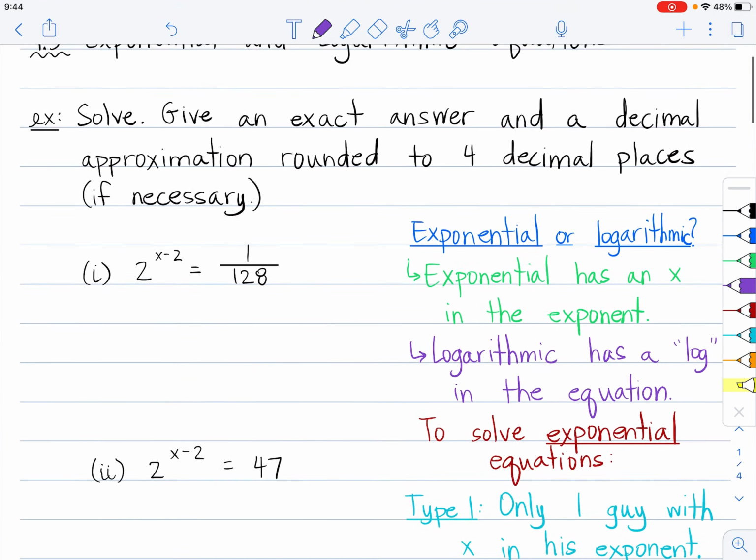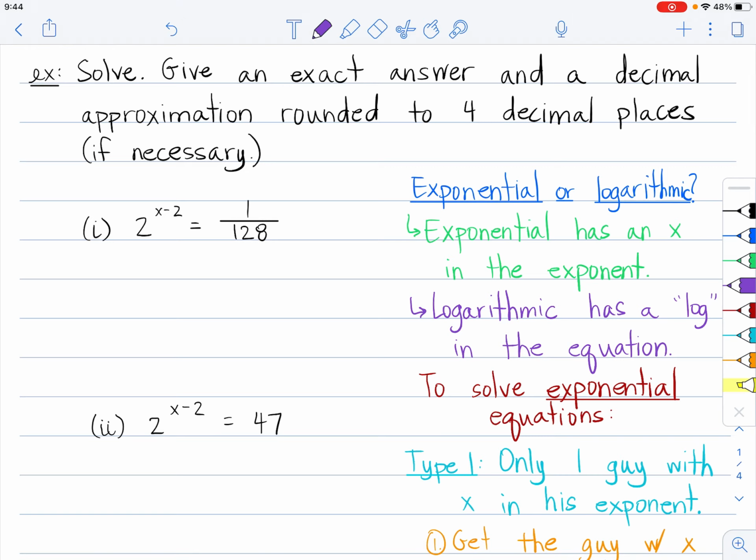Okay, so example number 1, 2 to the x minus 2 equals 1 over 128. The first thing that you have to ask yourself, is he exponential or logarithmic? He is exponential. Again, these ones are a little trickier, not as easy to identify as logarithmic, but he's exponential if there is an x in his exponent. And he is type 1 if only one guy has x in his exponent.